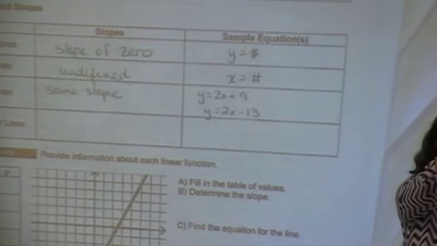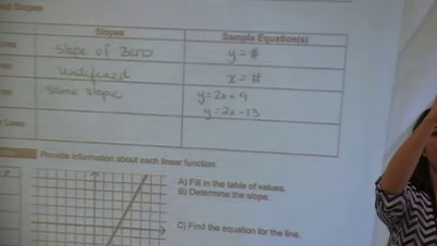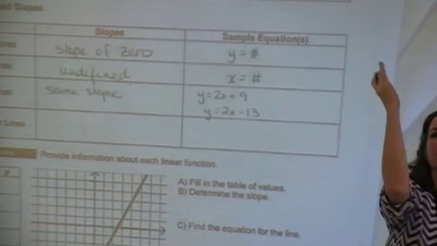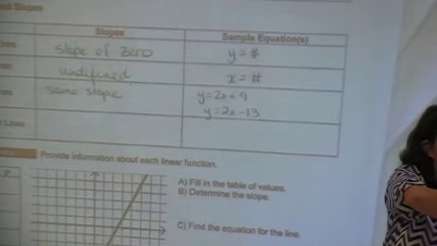What about perpendicular lines? Anybody remember? Think about it for a second. Parallel lines go like this. If I want to make a perpendicular, I have to take one line, make it negative. It's flipped and switched. It's called a negative reciprocal.